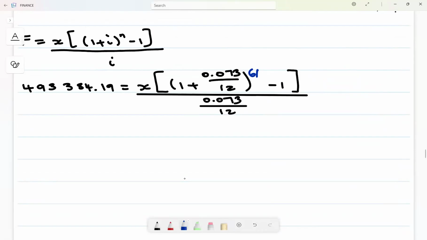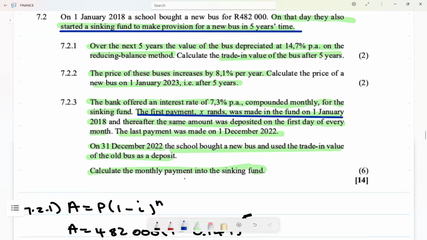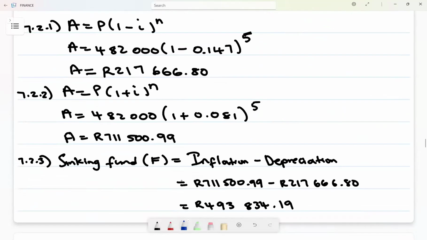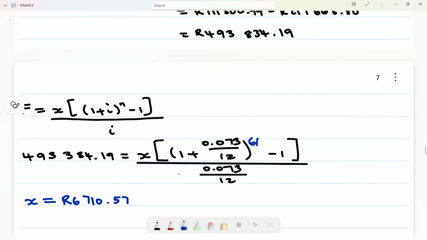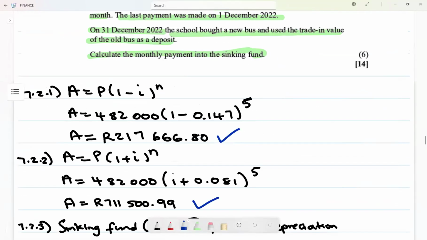And then I get that the amount he will need to make as a regular payment is 6,710.57 rand. Then we are cool, guys. This is basically that for this question. Just always take note, to open a sinking fund, you will need an inflation amount, subtract the depreciation, and then that will be your sinking fund. And depending on the question that will be asked, we will continue like that.